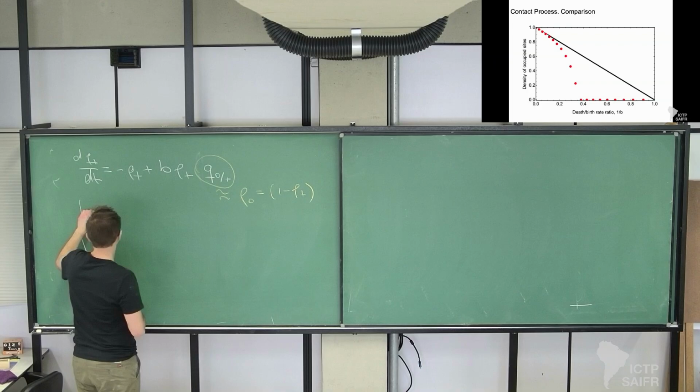So let me see if this gives you a little bit more of a hint. Q0 plus, and this is equal to minus rho plus, 1 minus Q plus plus. Okay, let's use.